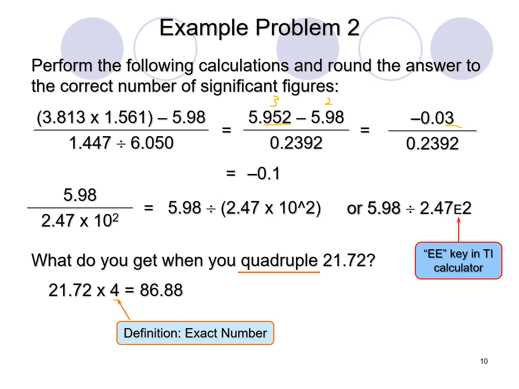All right, so that is what I'd like to say about significant figures. When we perform this line of calculation, we need to be very careful about how we count the significant figures.